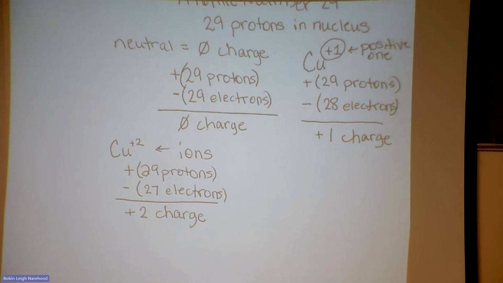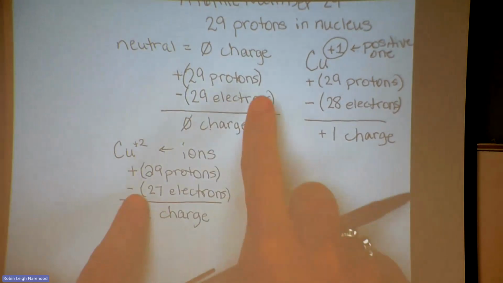Neutral. But if it has a positive or negative charge, it's called an ion. What would happen if an element has more negatives than it does positives? It'll be negative. So this is the charge.